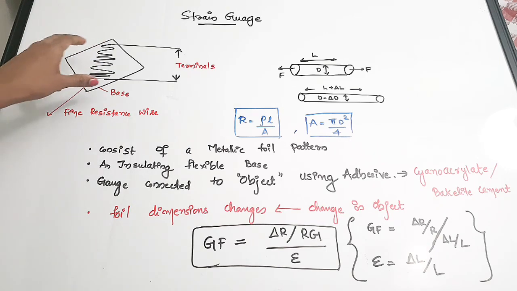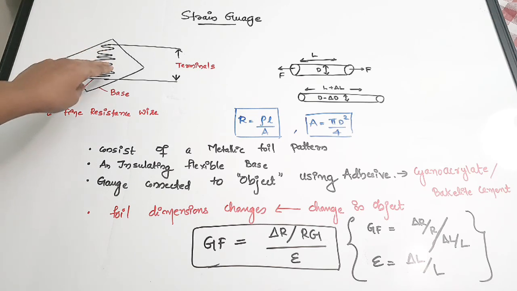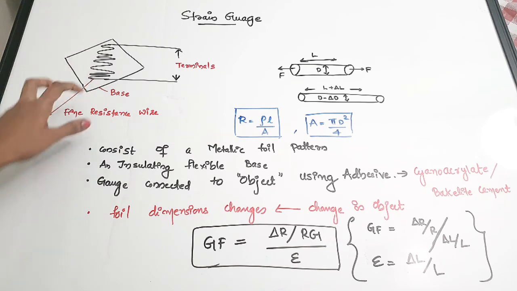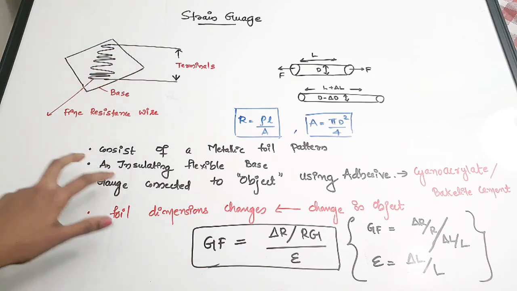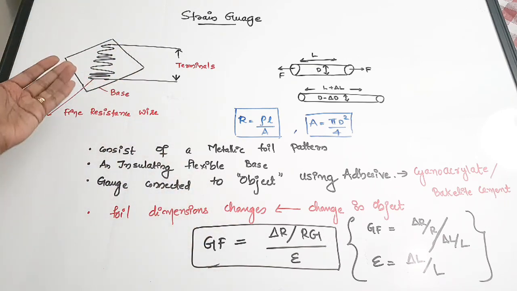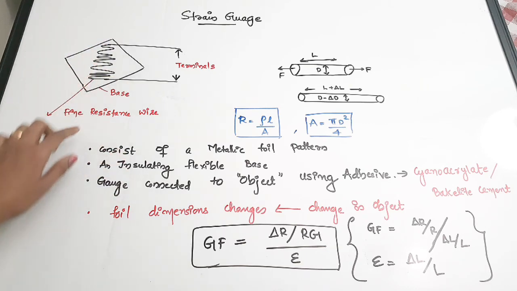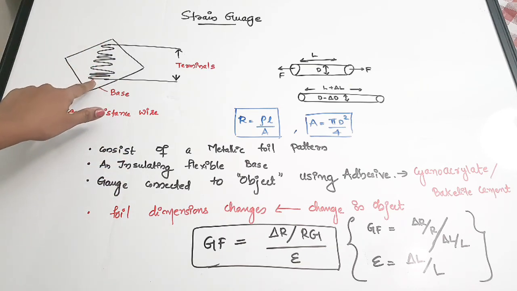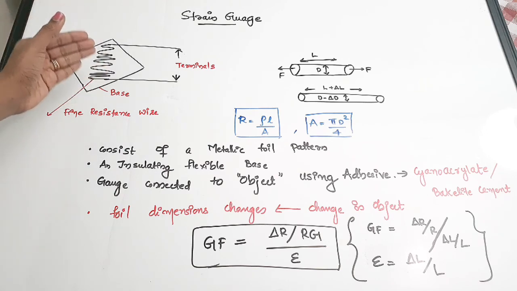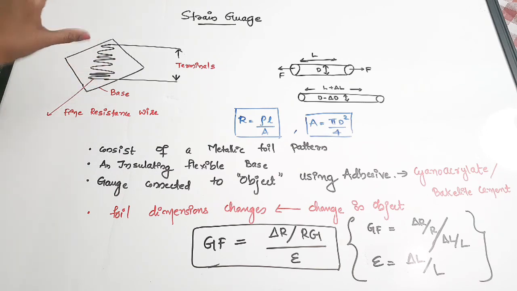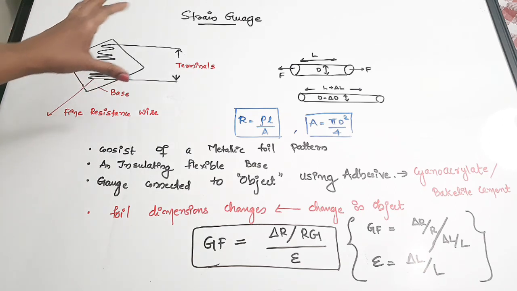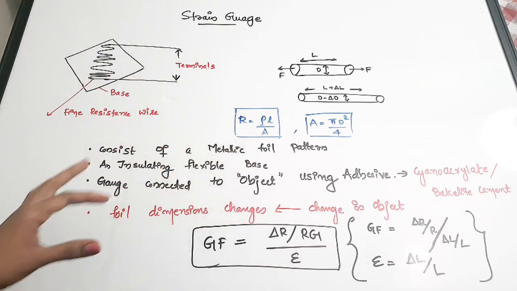So there is a metallic foil pattern placed on an insulating base, which will be a fine resistance wire placed on top of the insulating base. And if you want to measure the strain of some object, we'll connect this strain gauge, or this pattern, to that object with the help of an adhesive.